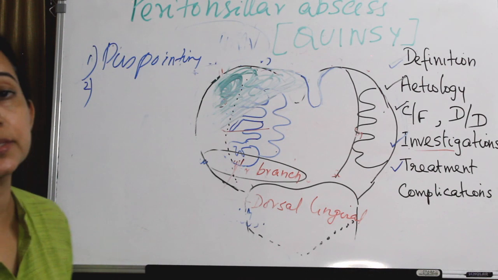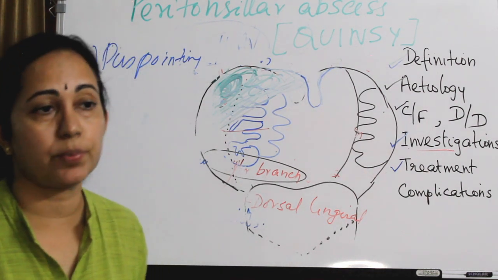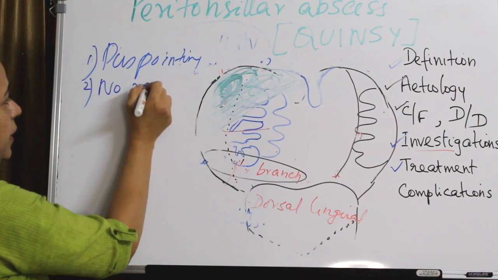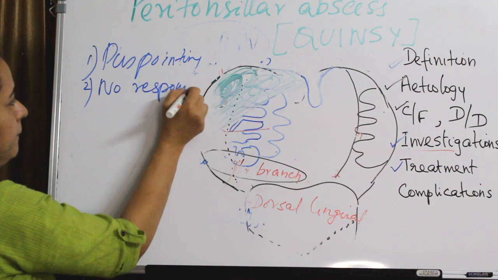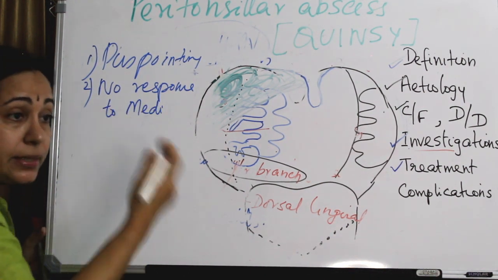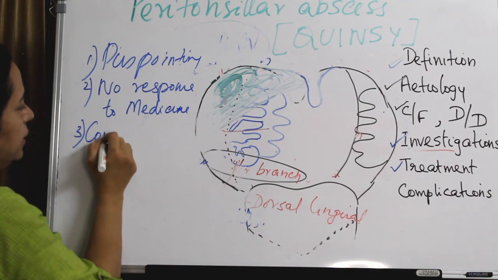Okay, you can do an incision and drainage. And other conditions, even if there is no pus pointing: the patient is not responding to an IV antibiotic, no response to medicine, or the patient's condition is deteriorating.